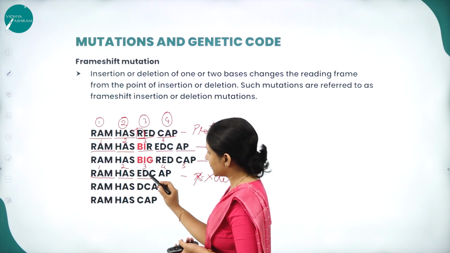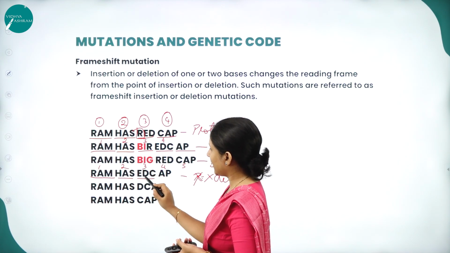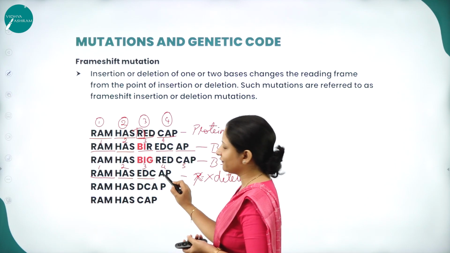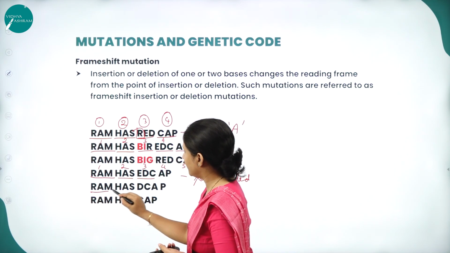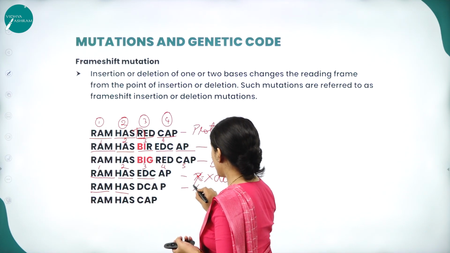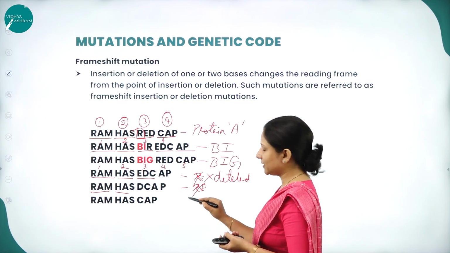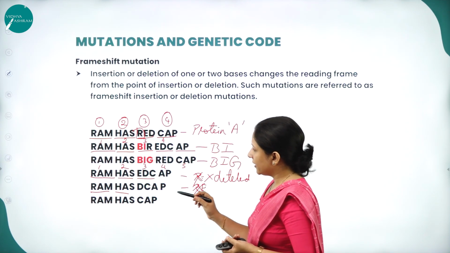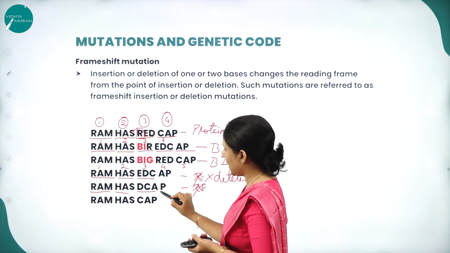Ram will become the first genetic code, then this will become the second, this will become the third, and this will become the fourth. Again here also, say for example, Ram first, second, then here E also got deleted. Now R is also deleted, E is also deleted, right? R is also deleted, that's why I put a cross mark here. E is also deleted. Now it will become Ram has DCAP.